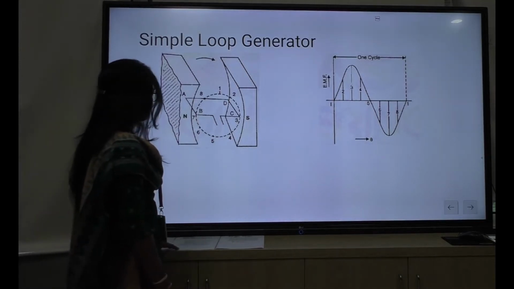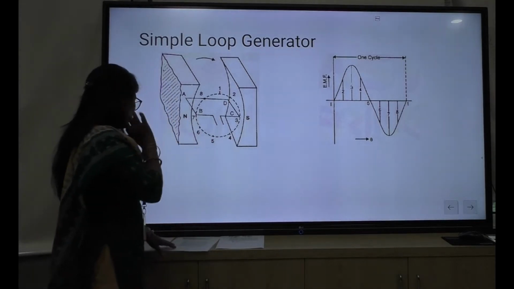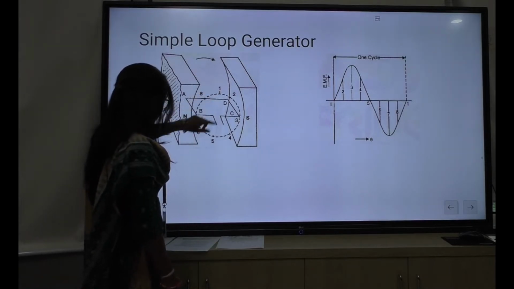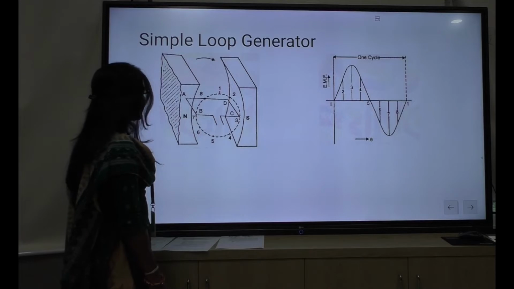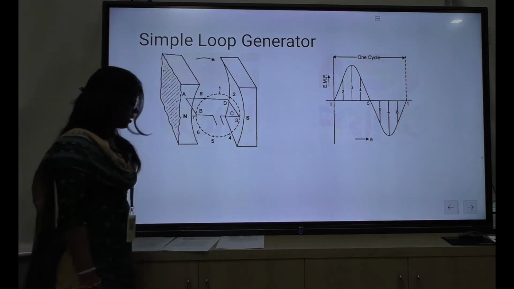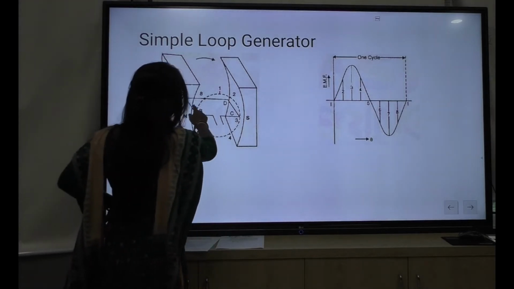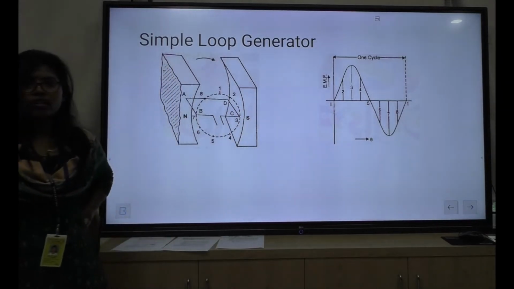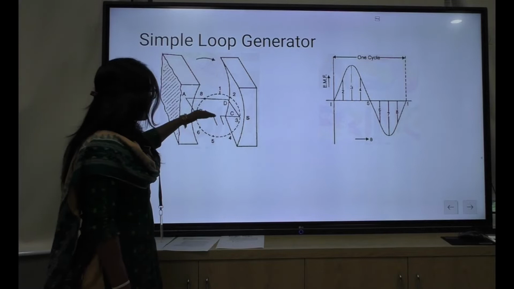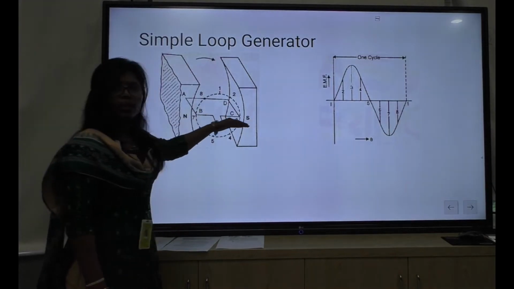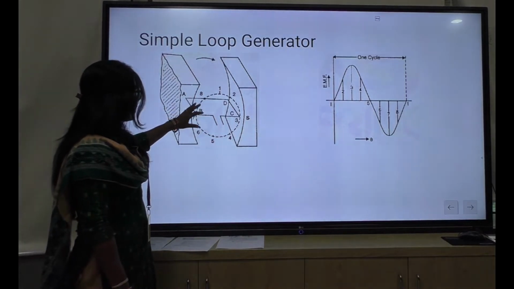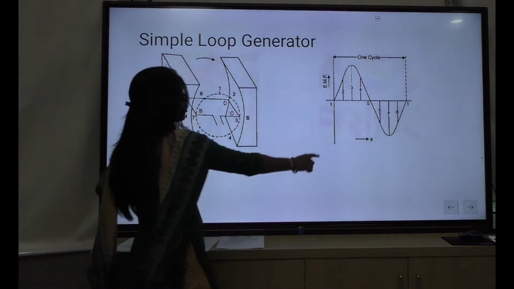Okay. So, when the loop is in position 1, the EMF generated in the loop will be 0, because the coil sides AB and CD are not cutting any flux, as they are parallel to the lines of flux. So, in that case the EMF generated in the loop will be 0, which is shown here.